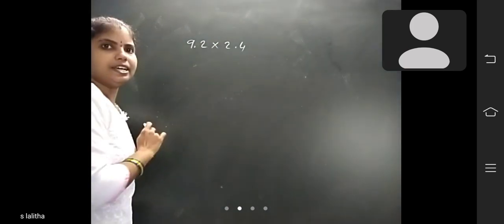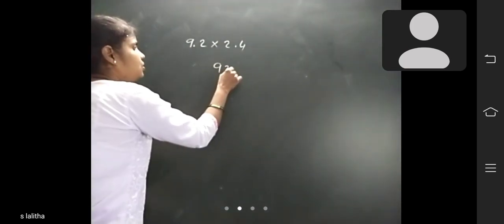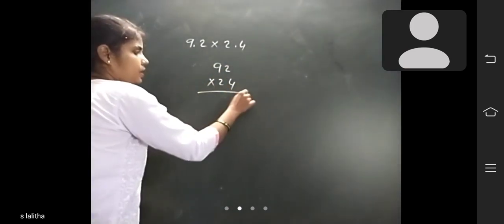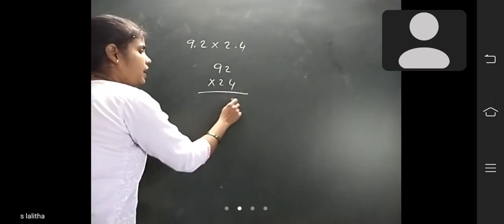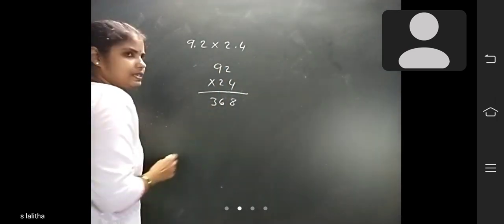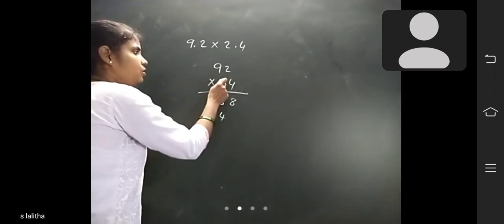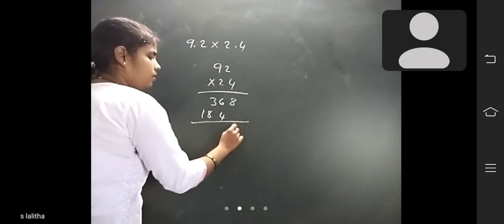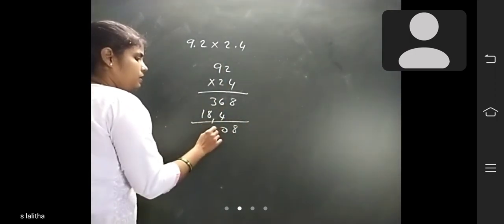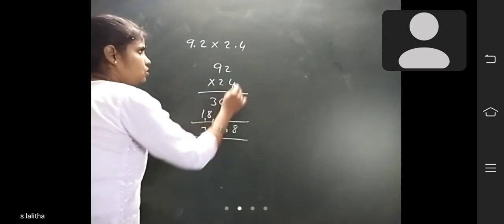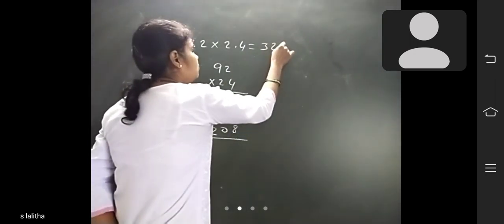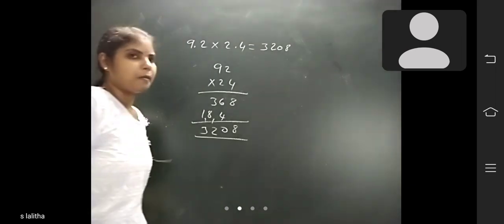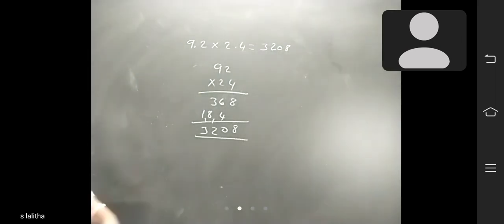First you should remove the decimal points. 92 into 24. Okay. 4 twos are 8, 4 nines are 36. 2 twos are 4, 2 nines are 18. 10, 9 plus 3 is 12. So what is the answer? 2208.